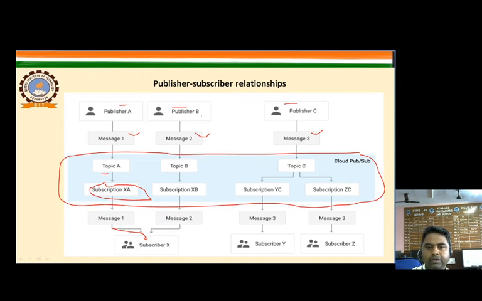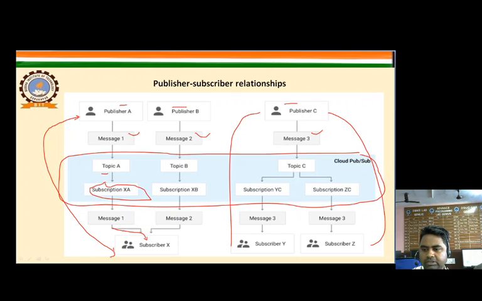The same scenario is repeated for B. Here we will only look at the relationship between the publisher and subscriber, and how they can communicate with each other.